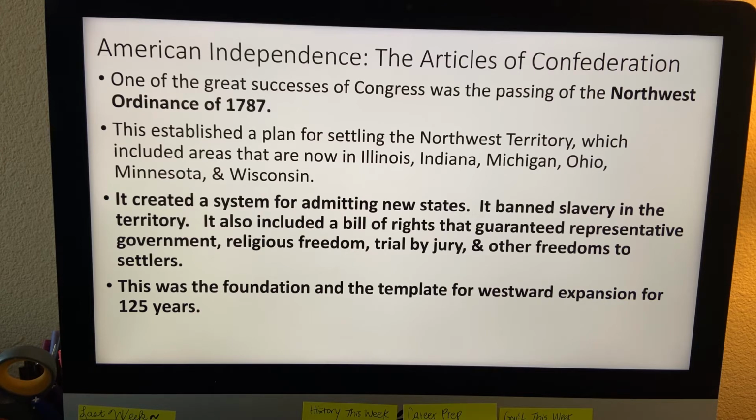That's a big deal, y'all. And we're going to see that as we go on. It also included a Bill of Rights that would guarantee certain things to those who settled, like representative government, religious freedom, trial by jury, as well as other freedoms. So this was very important, and this is something that they did very well. This is one of the high points in the Articles of Confederation.